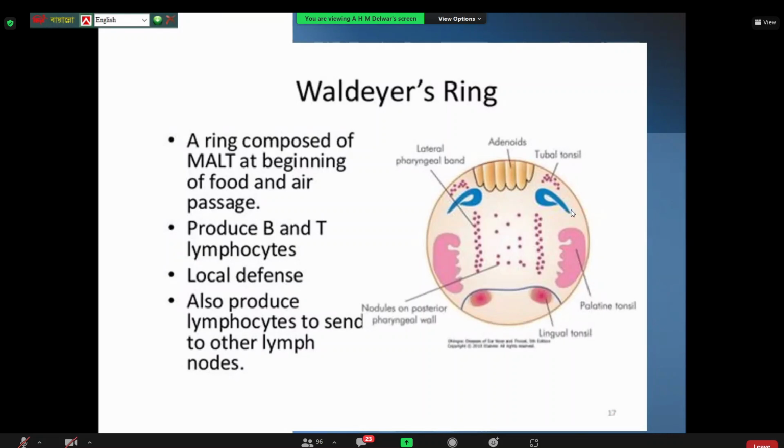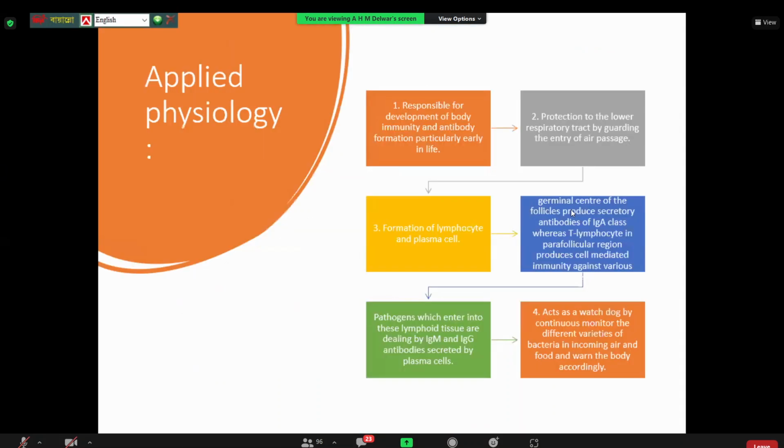So when you take food and air, they are maximally present at the beginning of the food and air passage. Whether bacteria or dust or any other materials, they give the signals to the body first.